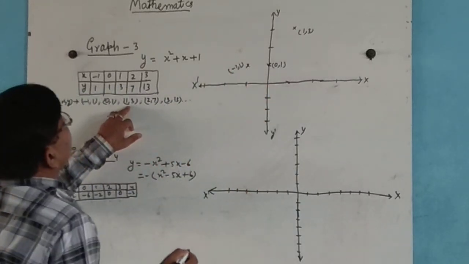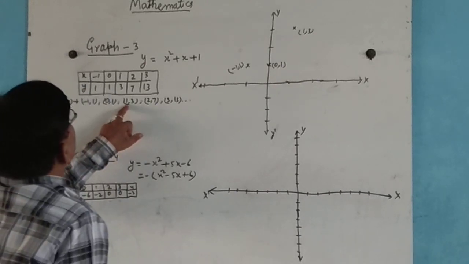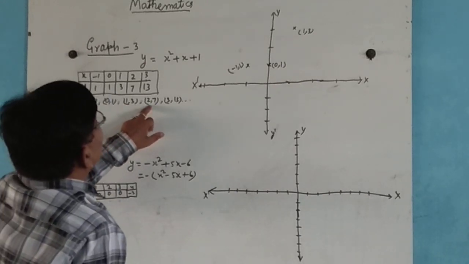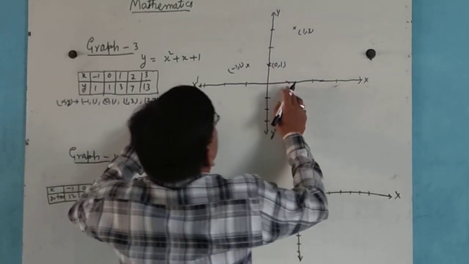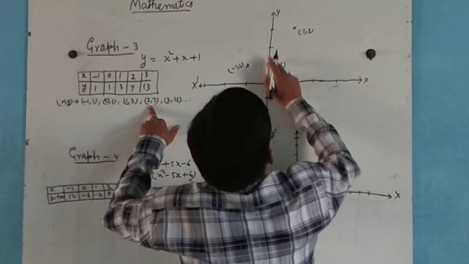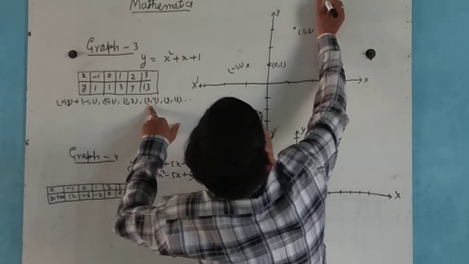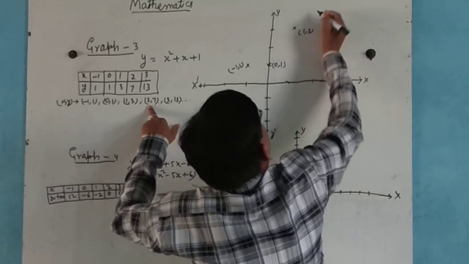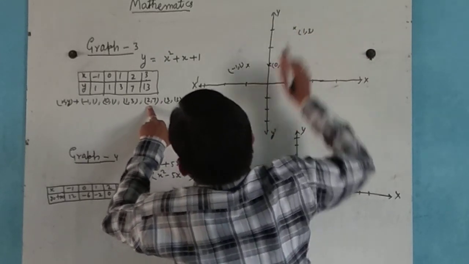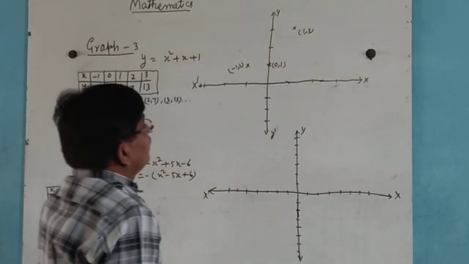Also take 1, 3 and 2, 7, going up in the upward direction. Now 3, 13, that is also in the up direction.